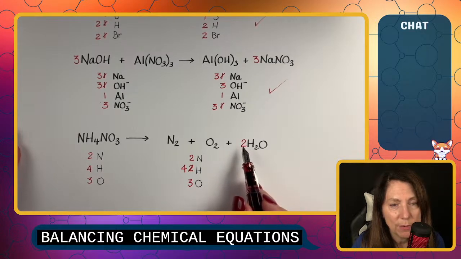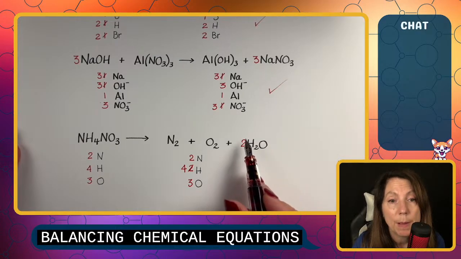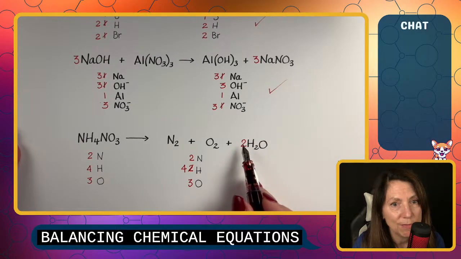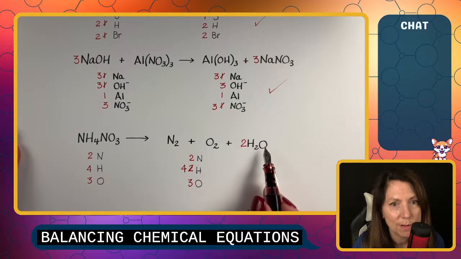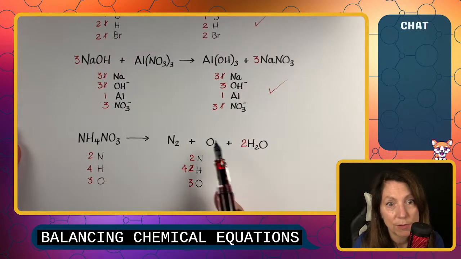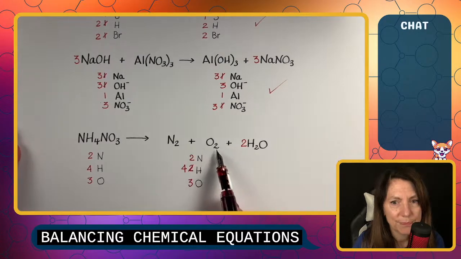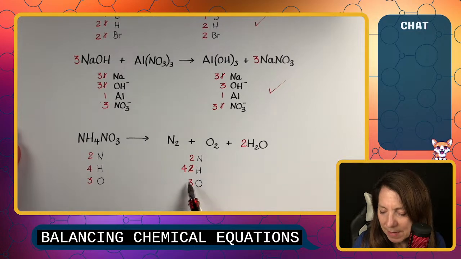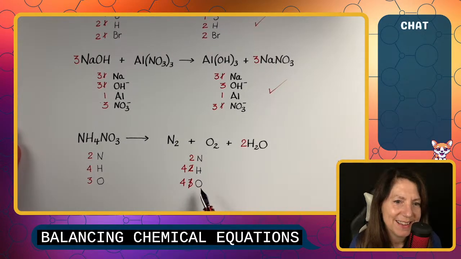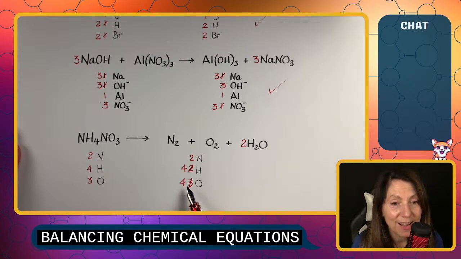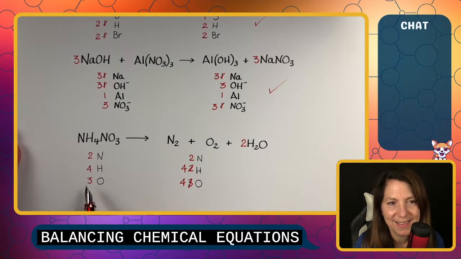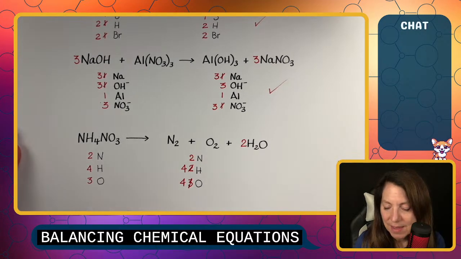And we have now increased the number of oxygens by 1 by putting this 2 here, meaning we've got 2 oxygens now from the 2 waters, and we have 2 oxygens from this O2. So that means we now have 4 oxygens, right? Because now there's 4 on the product side and there's 3 on the reactant side. Okay.